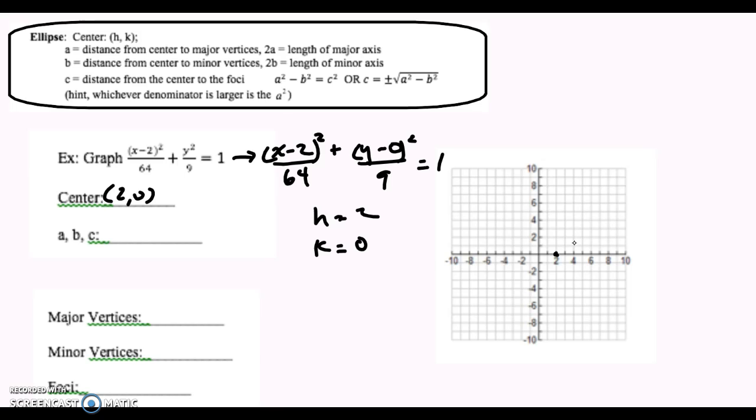Now a, b, and c. a is going to be whatever the square root of 64 is, which is 8. b is going to be the square root of 9, which is 3.